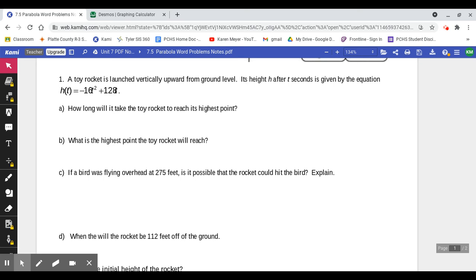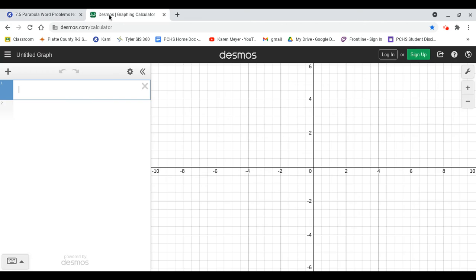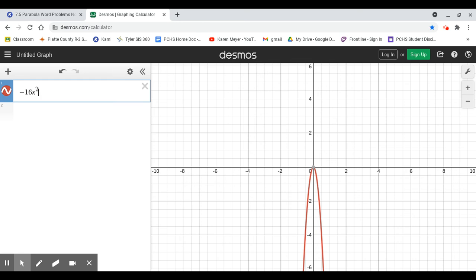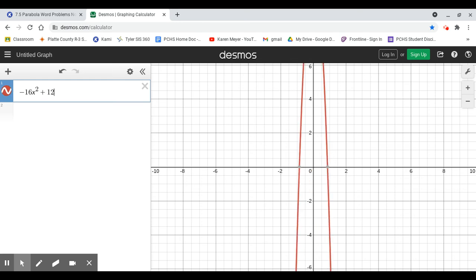Okay, for example number 1, we're going to go to Desmos and we're going to type this in. Now, the first thing you need to know is that decimals will only work with the letter X. So if you see a letter T, please change your T's into X's. So I'm going to type in negative 16x to the second plus 128x.